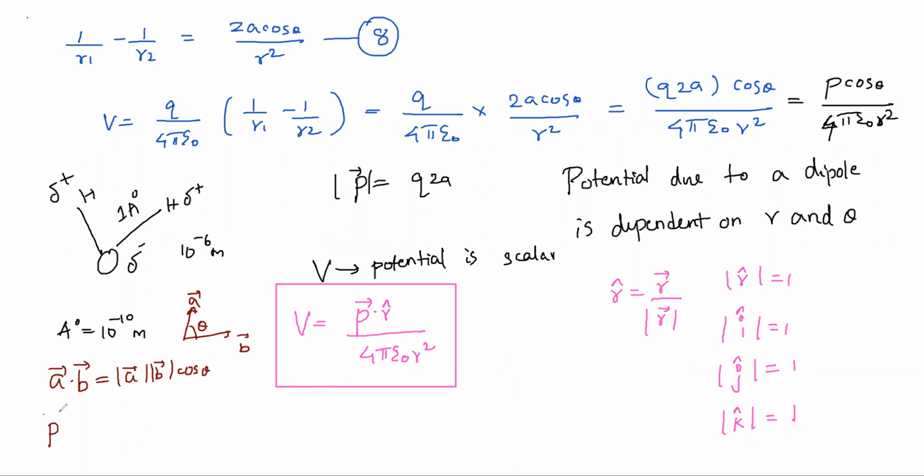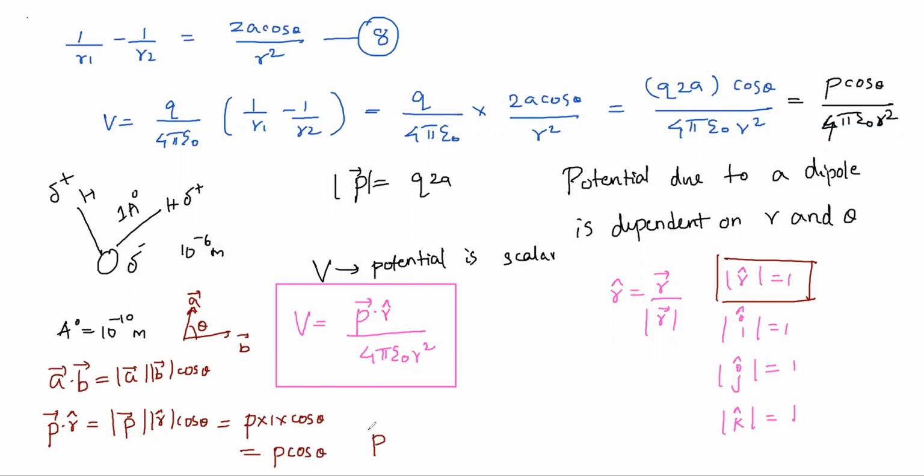So P vector dot R cap is nothing but modulus of P vector times modulus of R cap times cos theta. Modulus of P vector I can write as P itself. What is modulus of R cap? R cap is a unit vector, so modulus of R cap is 1. So it is P into 1 into cos theta, which is P cos theta.